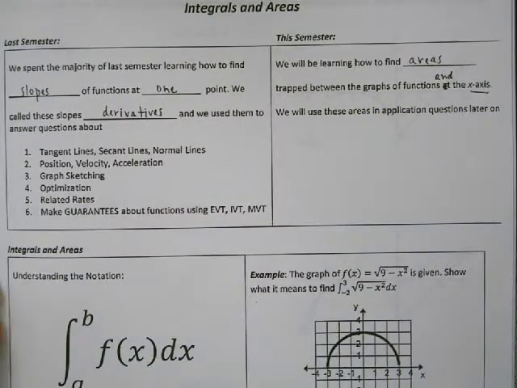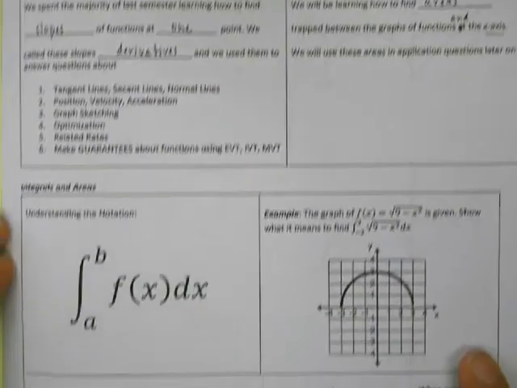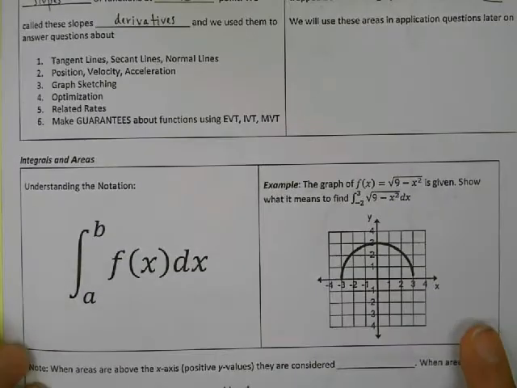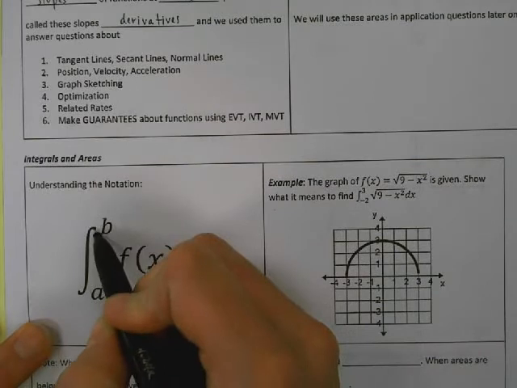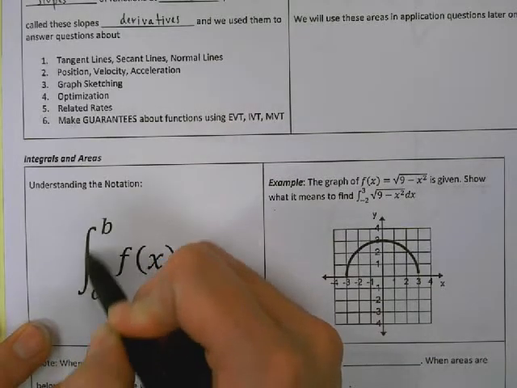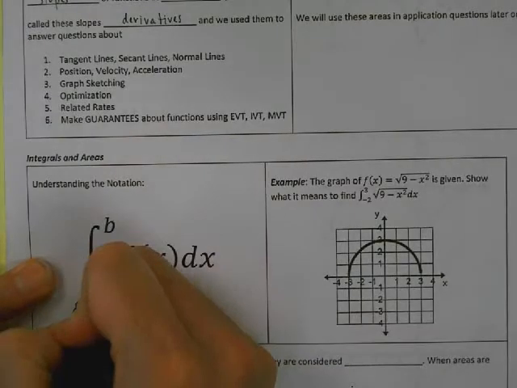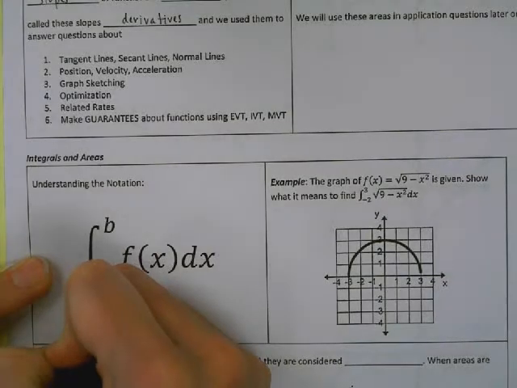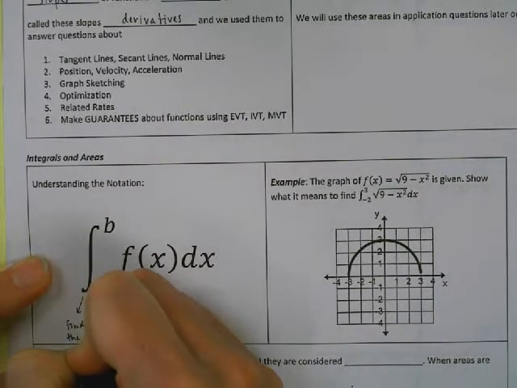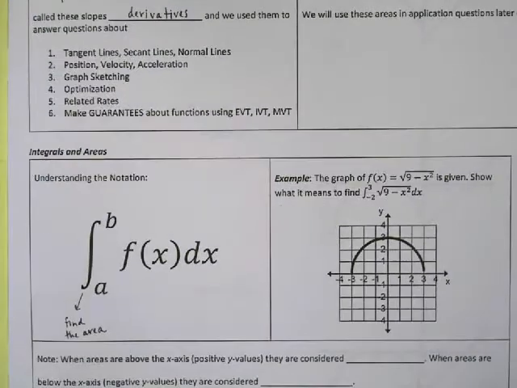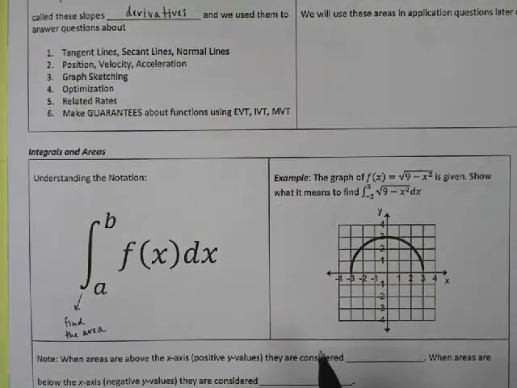First we're going to look at the notation for these integrals. The first thing I need to notice is whenever I see this symbol here, this long S-looking thing, that's our symbol for an integral. And that's telling us that we're going to find the area. Now remember, we said up front, at the top of the page, that we're finding the area trapped between the graph of a function and the x-axis.